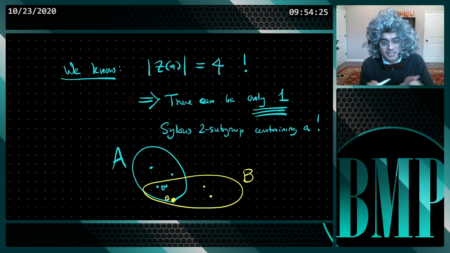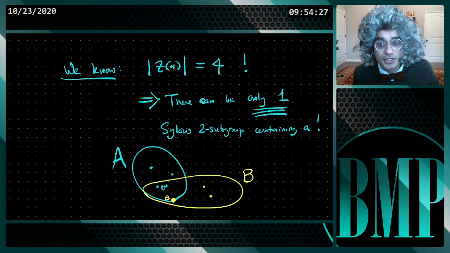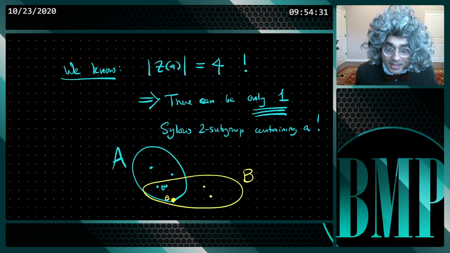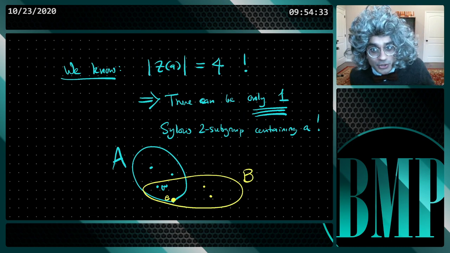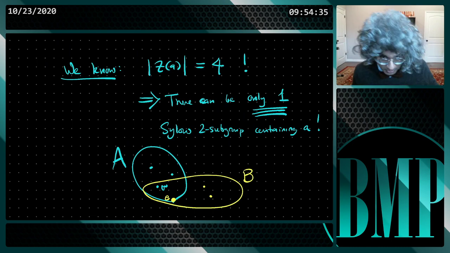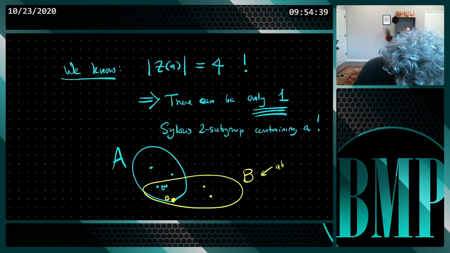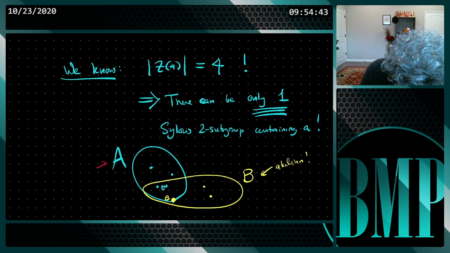All right, so I've drawn this. Imagine there are 2 Sylow subgroups containing the element little a. Each Sylow 2-subgroup is an abelian group because it has order 4. This is abelian, and this is abelian.